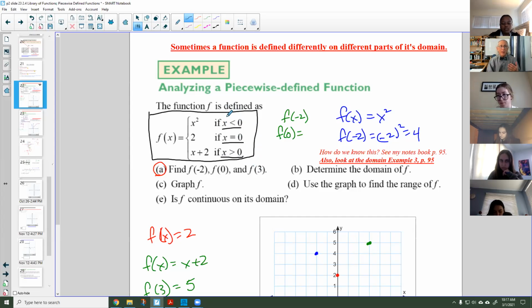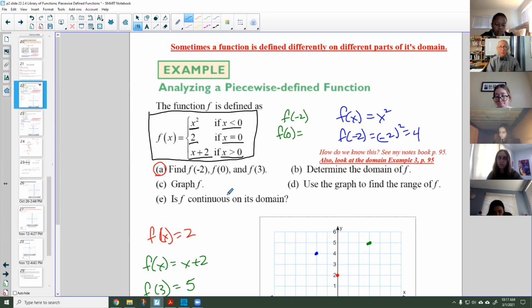When I have my x's less than 0, the rule I'm going to apply is y equals x squared. Where x is 0, y is 2. And where x is greater than 0, y is x plus 2.